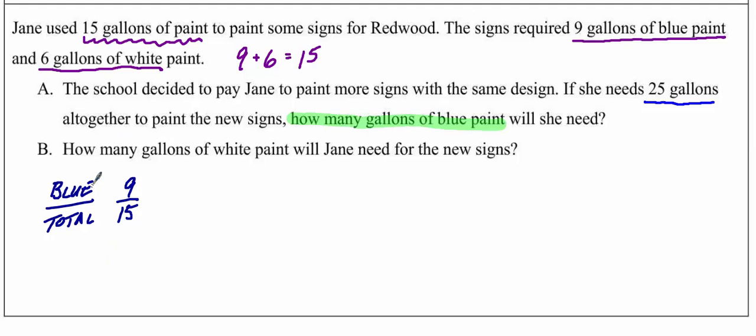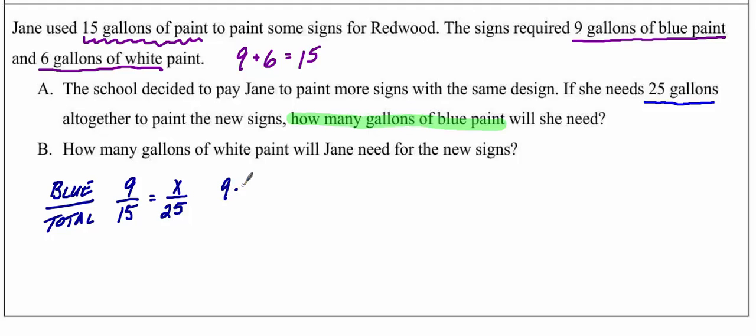Remember, it was all blue or white, 9 blue and 6 white to get the 15. Now, Jane speaking, I know that I need 25 gallons total. How much blue will that be? And once again, we have a proportion problem. So we would multiply, and I'll show you 2 ways to solve this. One way is we would do this multiplication.